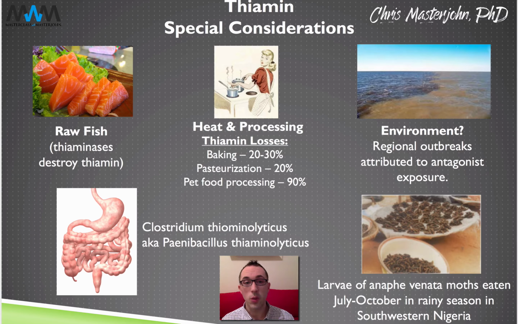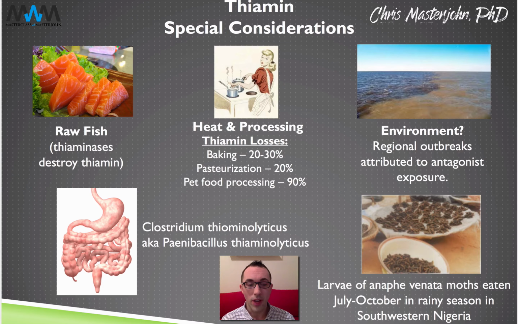Now, there are other cases where, for example, in the rumen of a ruminant, you may have overgrowth of bacteria that produce thiaminases or thiamine antagonists. And in fact, in humans, there can be a bacterium in the gut that was a long time ago called Clostridium thiaminolyticus and is now called Paenibacillus thiaminolyticus. And I don't know how prevalent that is, and I also don't know if it's the only example of a gut bug that can destroy thiamine.